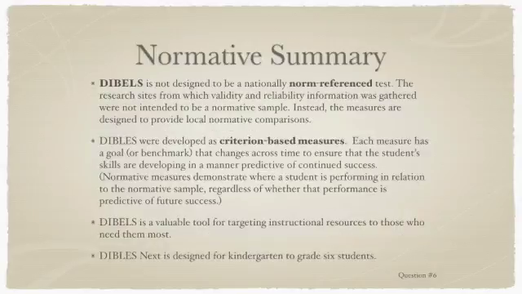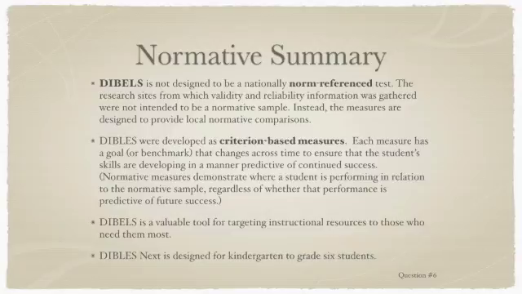The normative summary. DIBELS is not designed to be a national norm-referenced test. The research studies from which validity and reliability information was gathered were not intended to be a normative sample. Instead, the measures are designed to provide local normative comparisons. DIBELS were developed as criterion-based measurements.